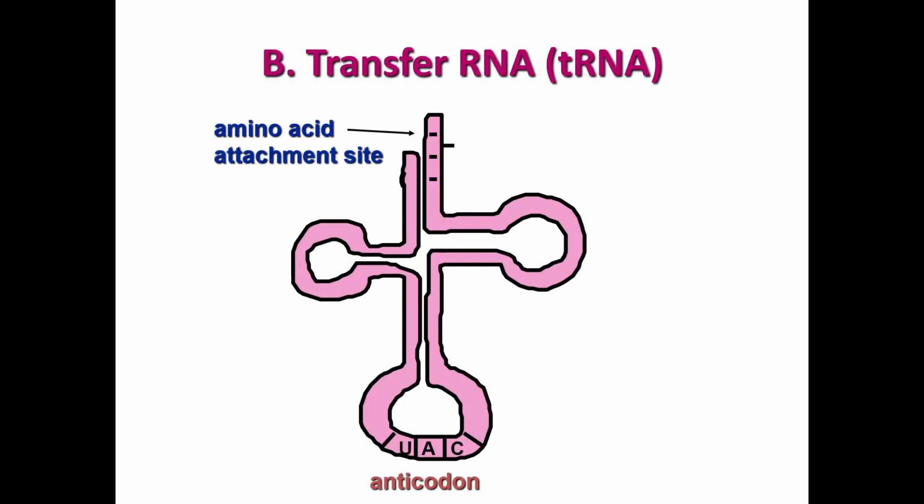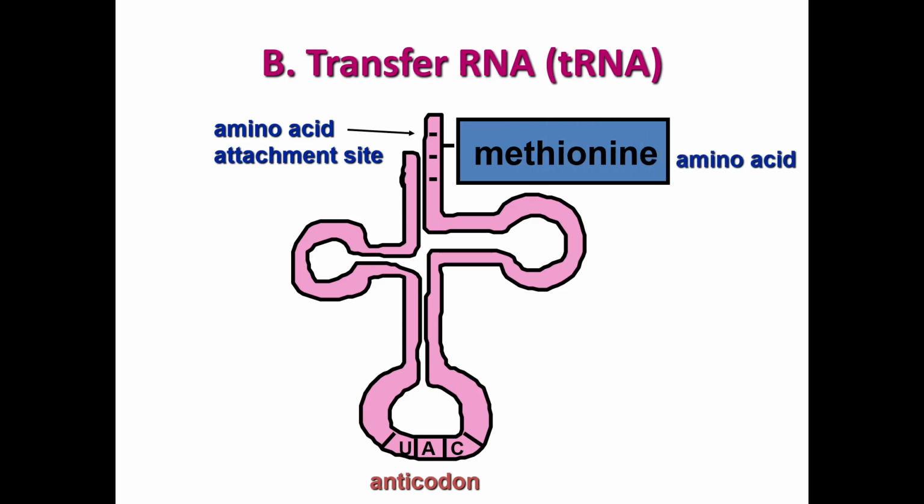See, it has got this claw-like structure and you have amino acid attachment site here. Here an anticodon is there, okay, in this loop. See, here amino acid attachment site, methionine, which is the first amino acid, which codes for the first amino acid, methionine.